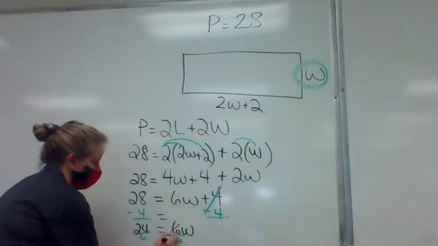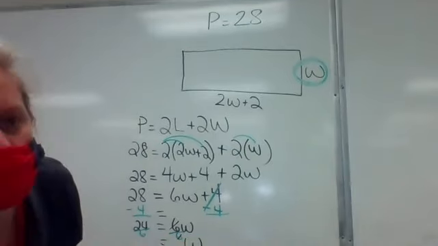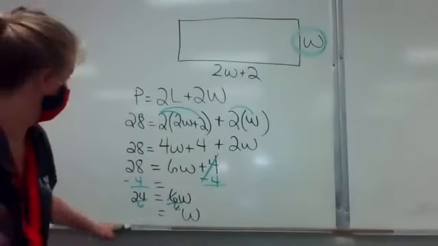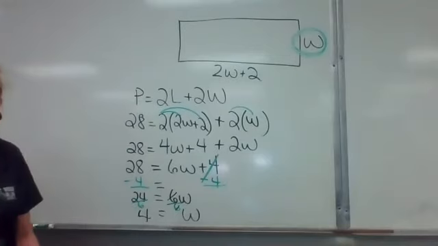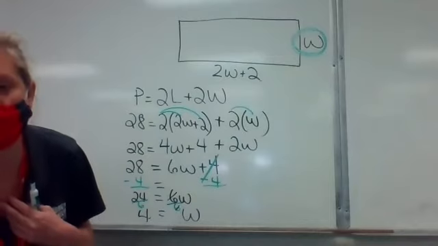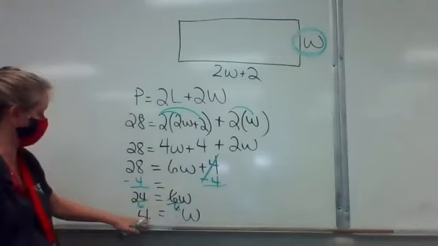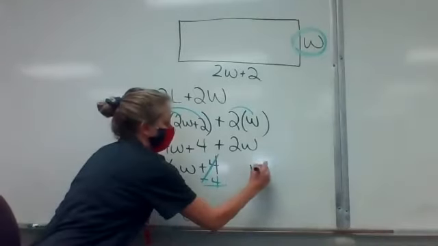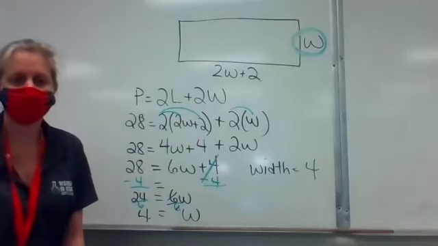So now I know that W equals 24 divided by 6, which is 4. That's one of the things it's asking me. The width of the rectangle is blank, while the width is represented by this W. So the width is 4.